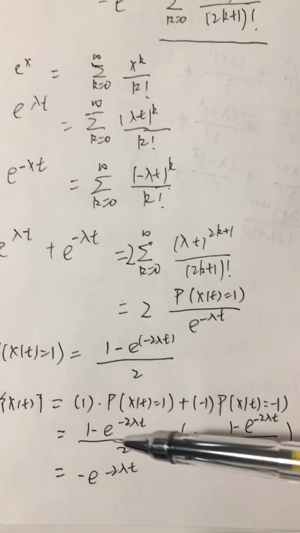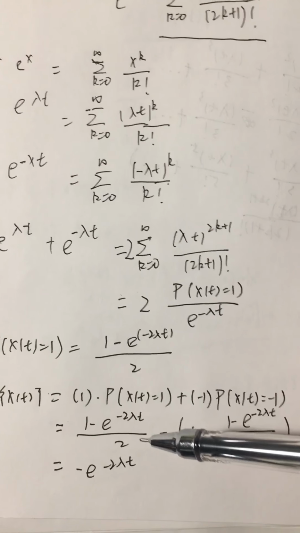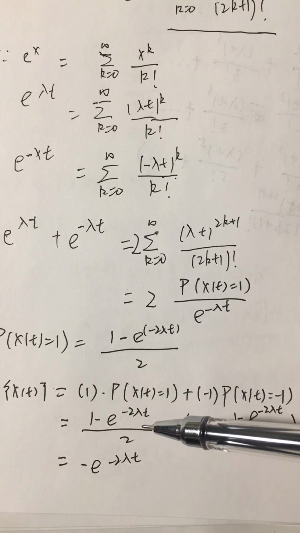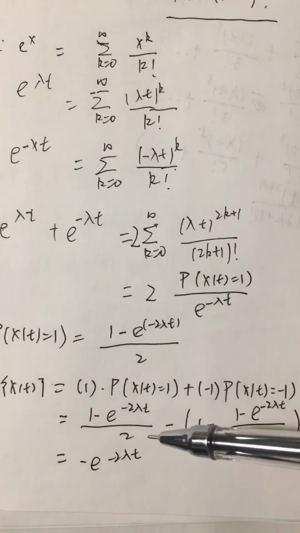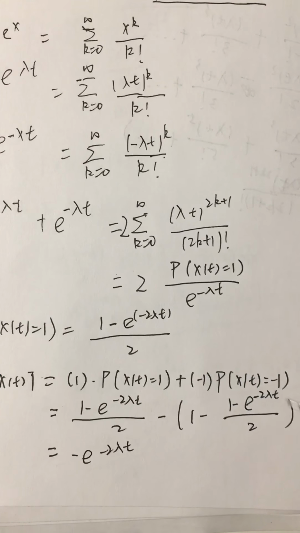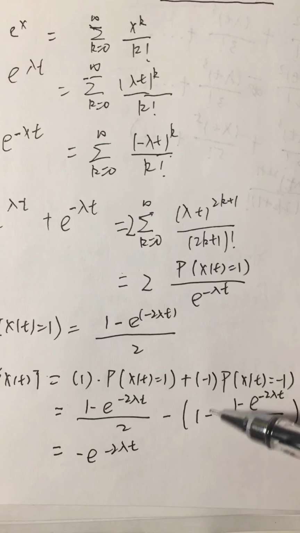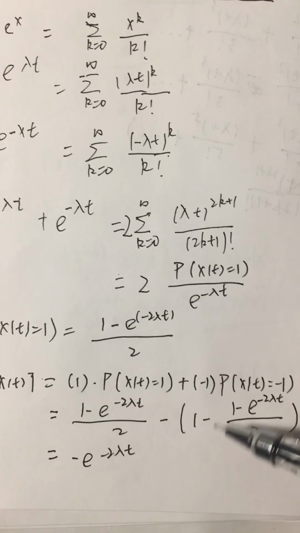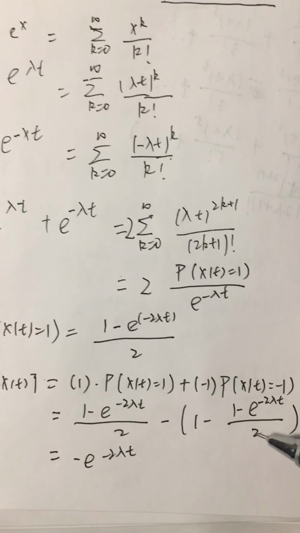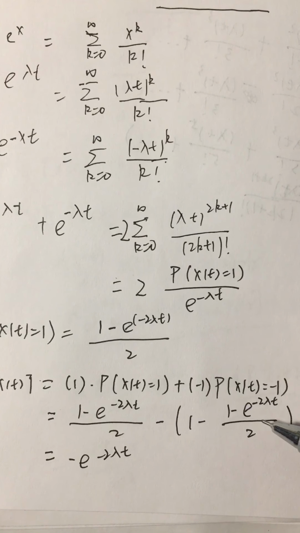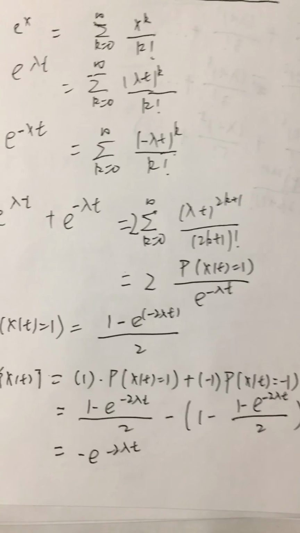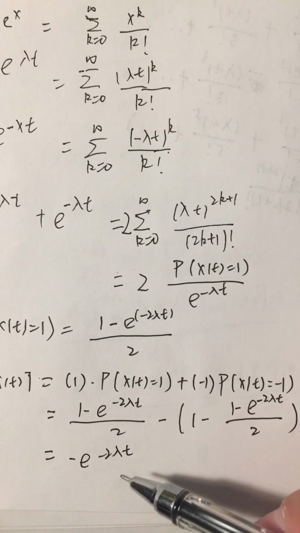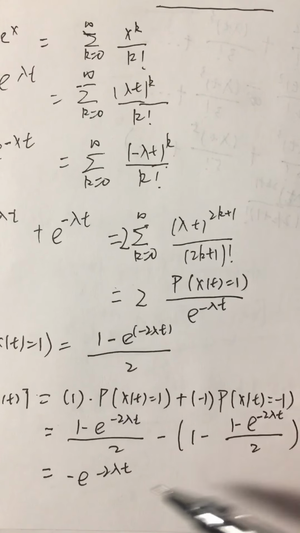So this equals (1 minus e to the power negative 2 lambda t) divided by 2 minus (1 minus the probability of X(t) equals 1). So the result is negative e to the power negative 2 lambda t.